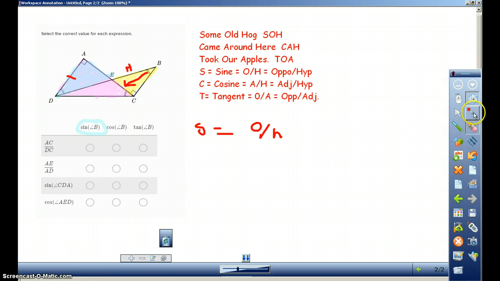So from just thinking about my blue triangle, the opposite is AE, so this would be my opposite, and my hypotenuse would be DE. So I have AE over DE. Well, I don't have that either. I don't have opposite over hypotenuse here. Right? That would be my hypotenuse of the blue triangle.